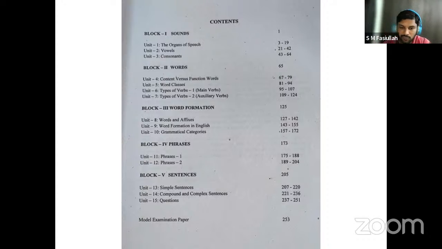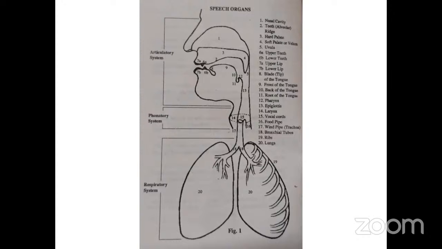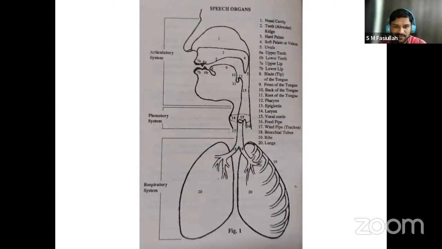Okay. So we'll move on to the next important thing, which we will be talking about today. I hope you are able to see the screen and an illustration or picture on your screen, isn't it? Yes, sir. So when we look at the production of sound, there are 3 major categories.